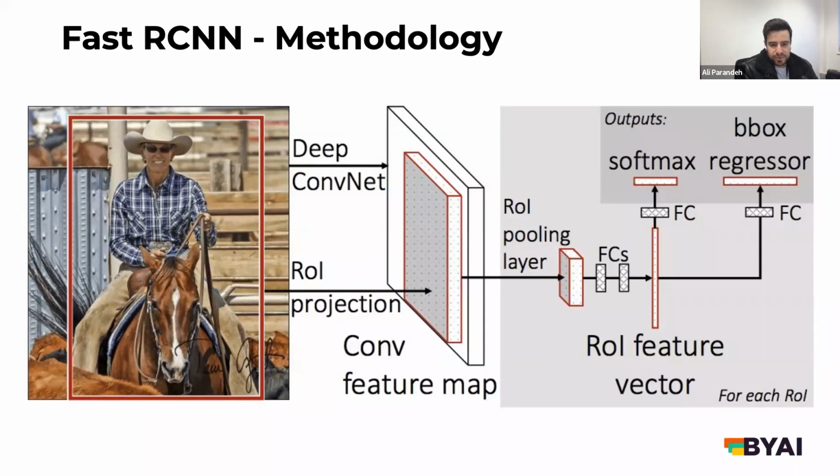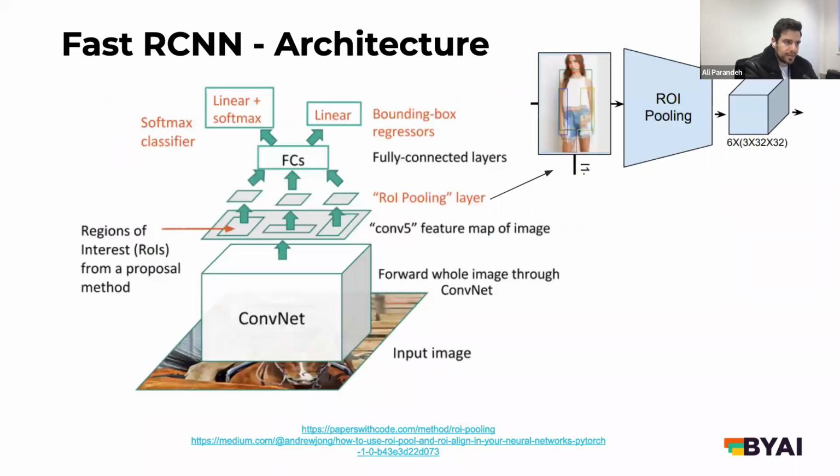One is a softmax output network for detection of the class, and then a regressor network for bounding box detection. So that's the main difference between the normal R-CNN and the Fast R-CNN.